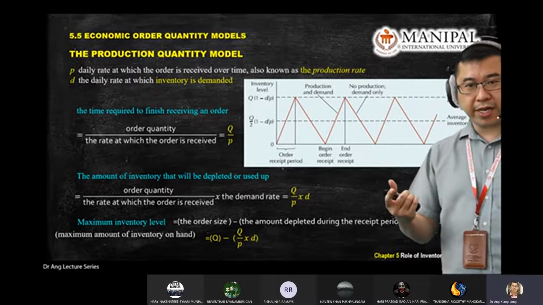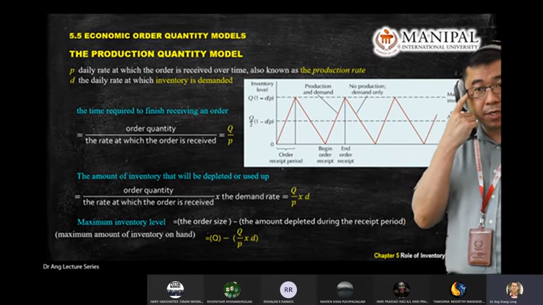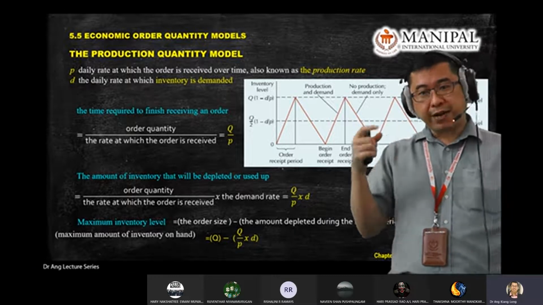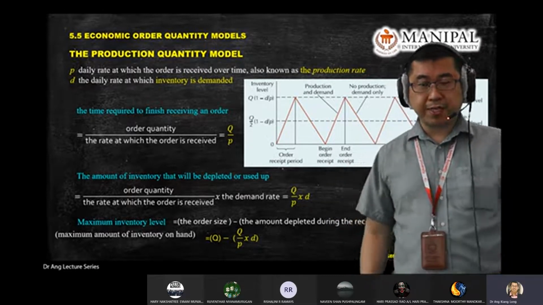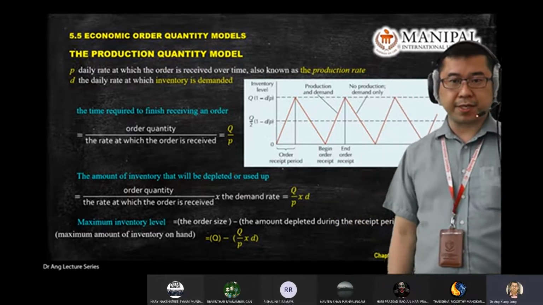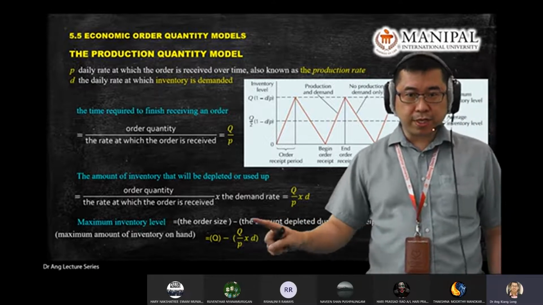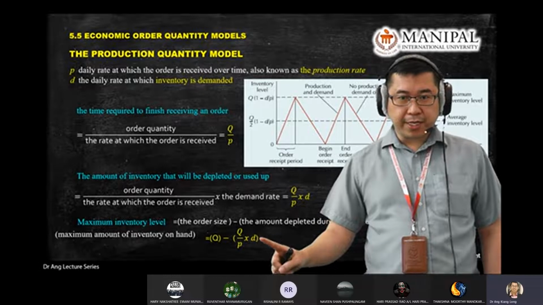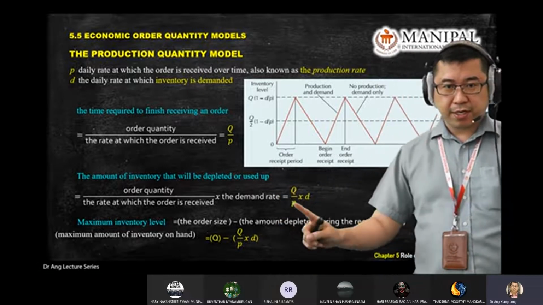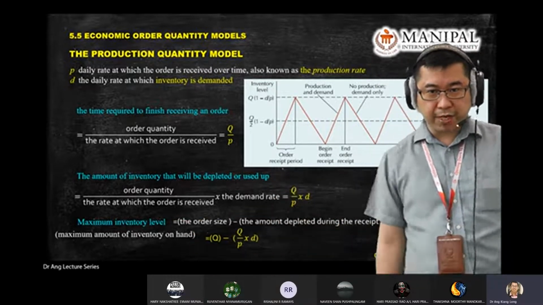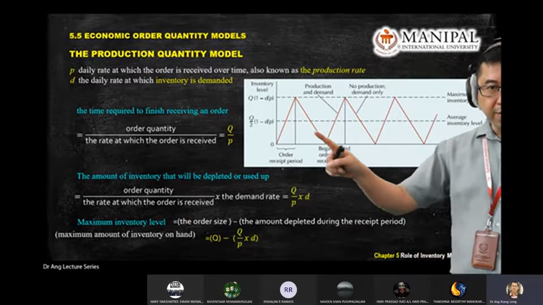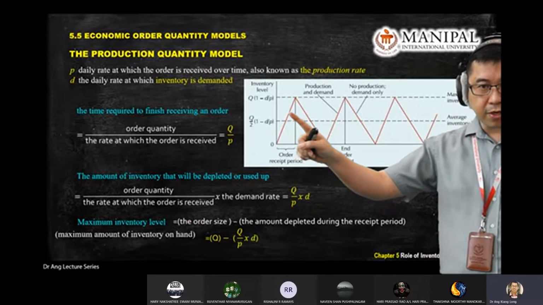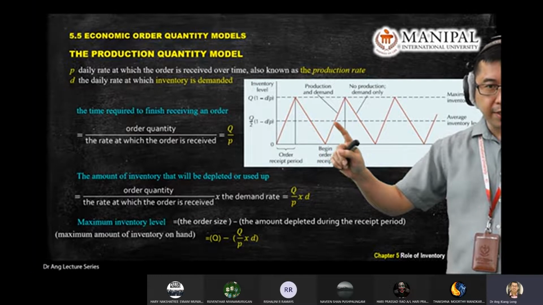You order already, but every day you still need to distribute goods to your customer. So you use Q divided by P multiplied by D, just now, this one. You will get your maximum inventory level, meaning you'll find the dot over here on the line.